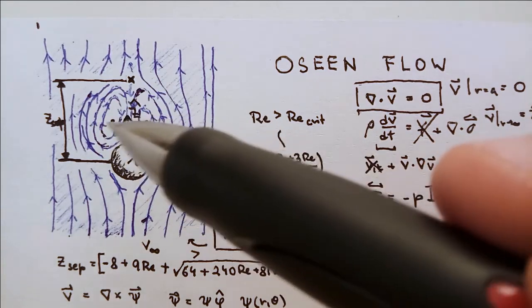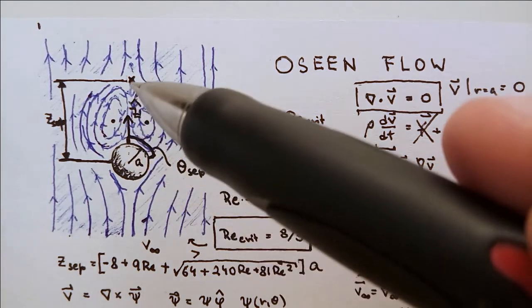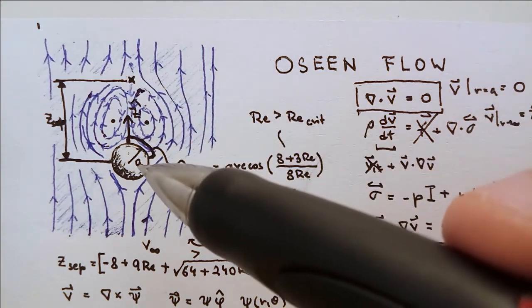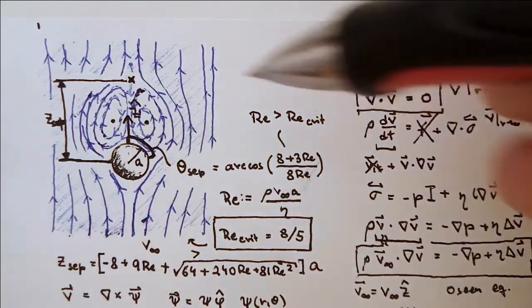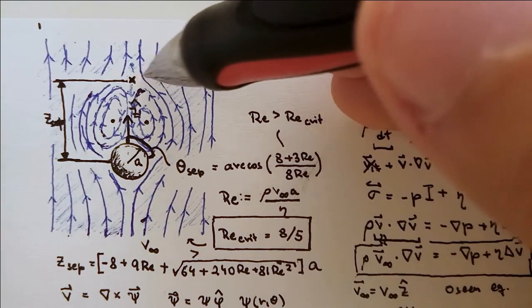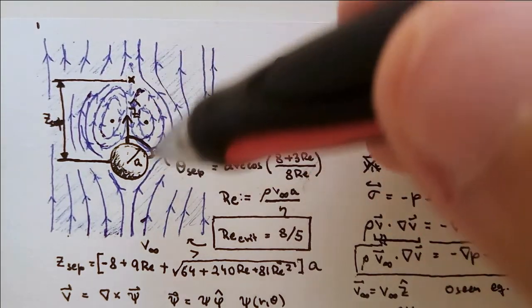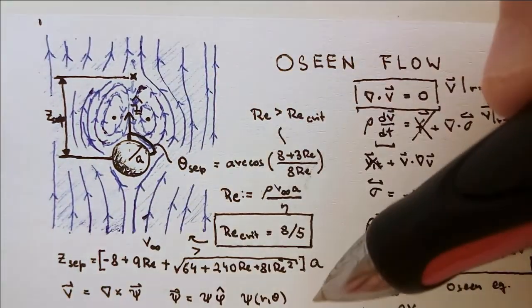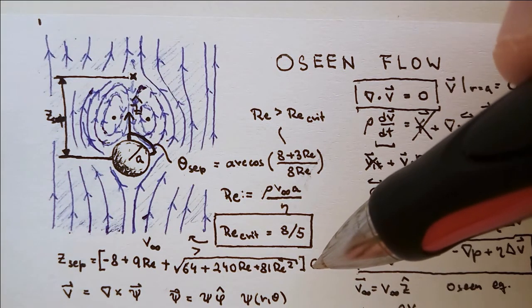And if you have time, you can derive the separation point of the flow, or the length of the tail, and this equation is the equation of the length of the tail.